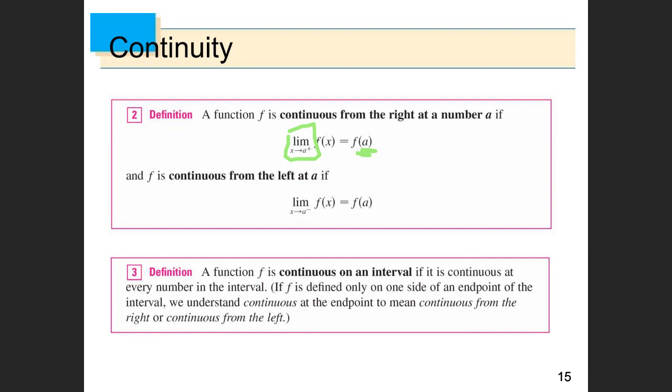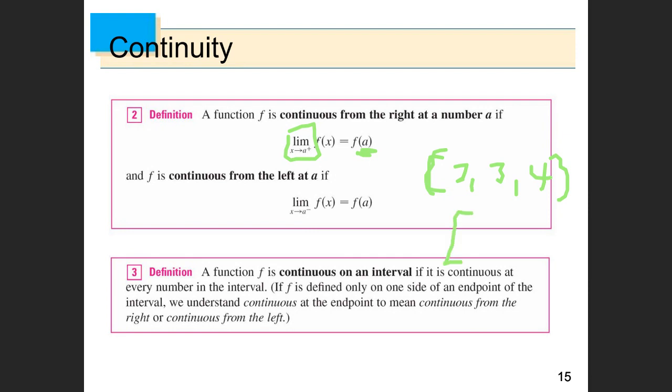Now, what does it mean for a function to be continuous on some interval? This is a very nice one. I give you an interval, not a number a. Maybe I give you a set like 2, 3, 4.